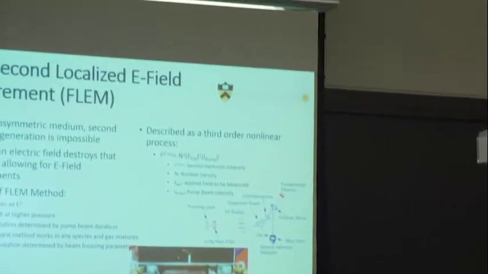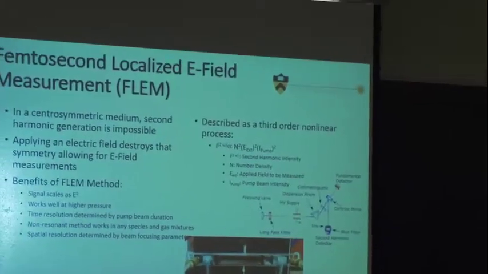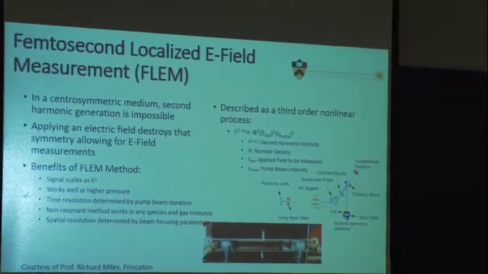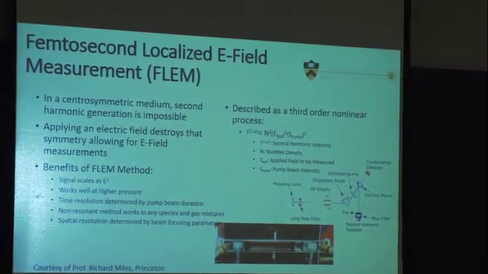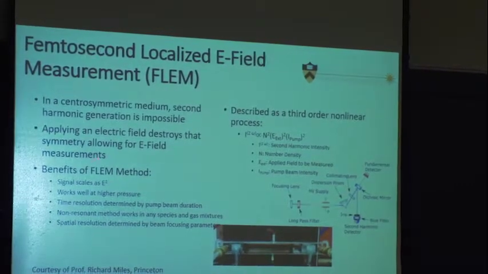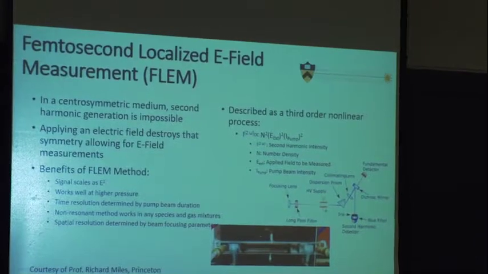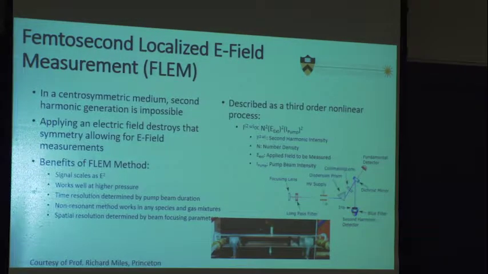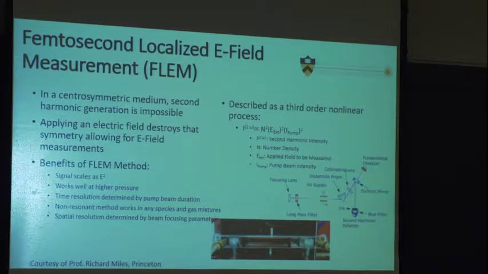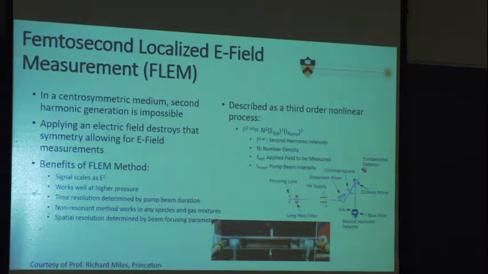Recently, my colleague Professor Miles discovered a new way to measure an electric field. What they did is use a femtosecond laser to generate a laser-driven electric field to generate a second harmonic of the molecules. Let's say you have oxygen molecules. Oxygen molecules are basically two atoms, they are symmetric, right?